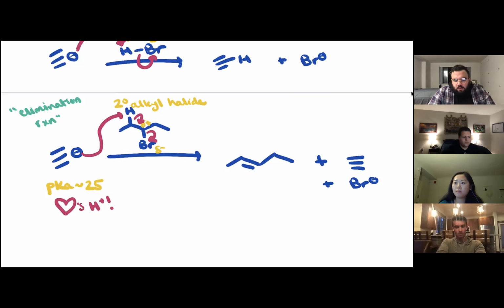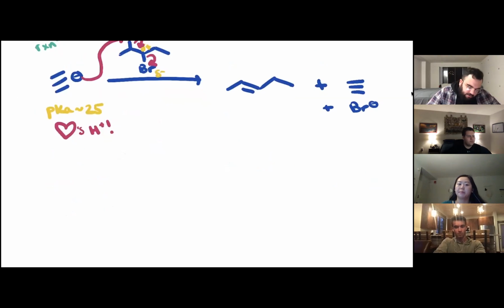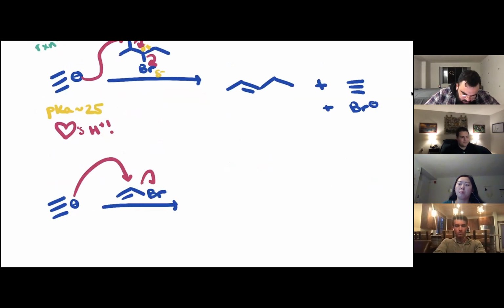Okay, so remember that if there's one thing you should know, it's that proton transfers are some of the fastest reactions in organic chemistry. So because of that, if you have too hindered of a halide, then you'll see that the reaction that you want, that substitution, will not occur. Okay, if you have a vinyl halide, okay, you try doing this, there will be no reaction.